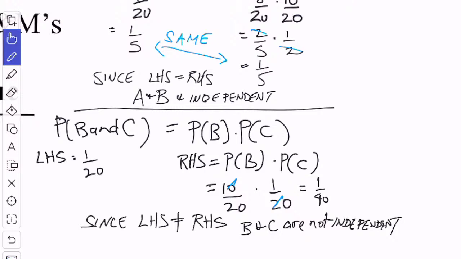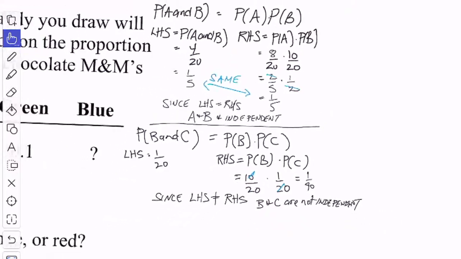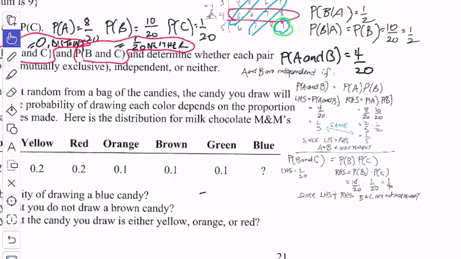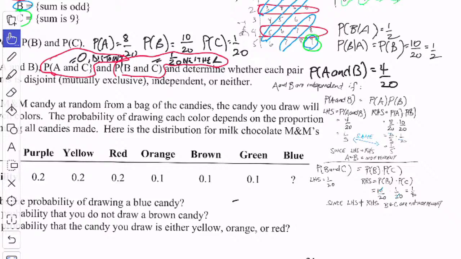Again, you can do it this way, or you can just look and see that C goes from 1/20 chance to 1 out of 10, because it's 1, 2, 3, 4, 5, 6, 7, 8, 9, 10, and it's 1 out of the 10 within the blue set.